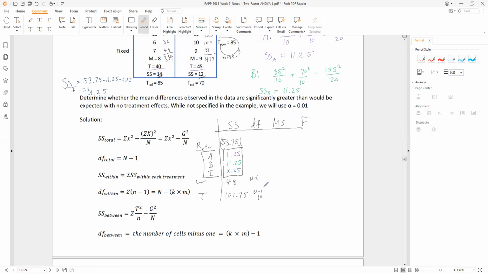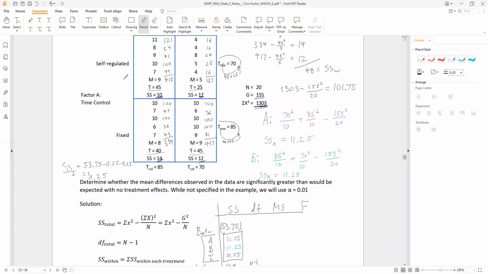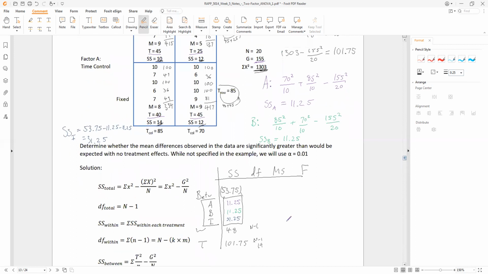We're not using just k anymore because we have k referring to the factor A, which is 2, and M referring to the factor B, which is also 2. So we're calling this K times M. But K times M still just ends up being the number of groups, right? So this is going to be 20 minus the number of groups, which is going to be 20 minus 4, so 16.